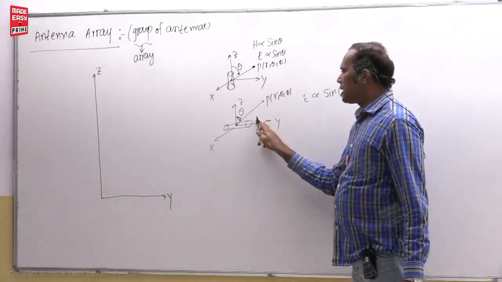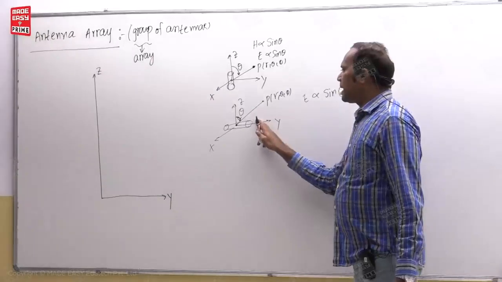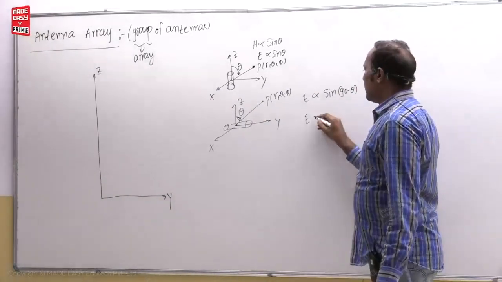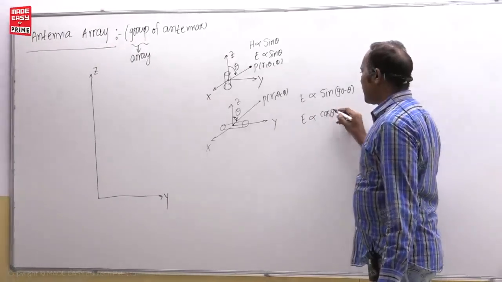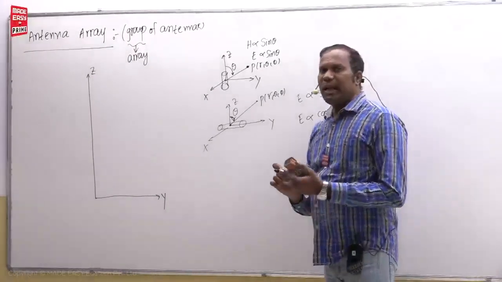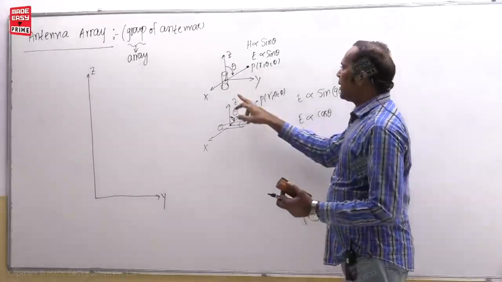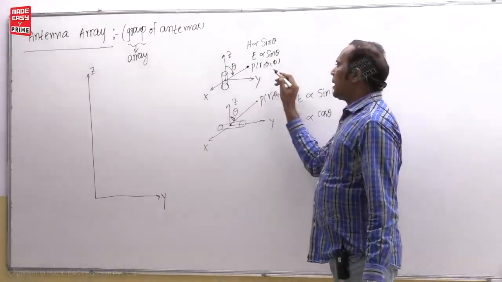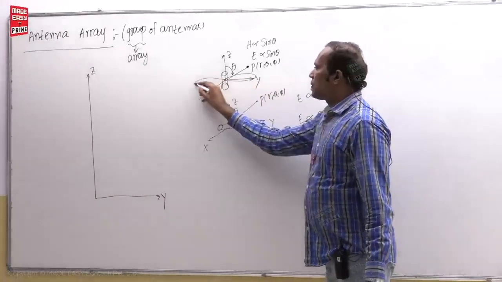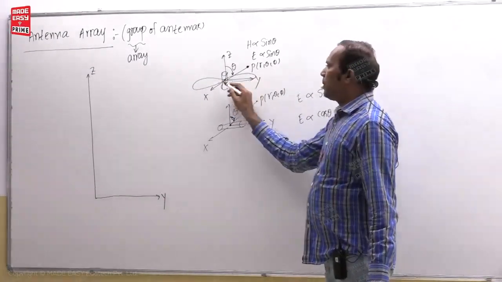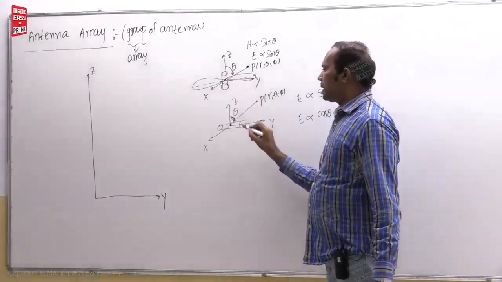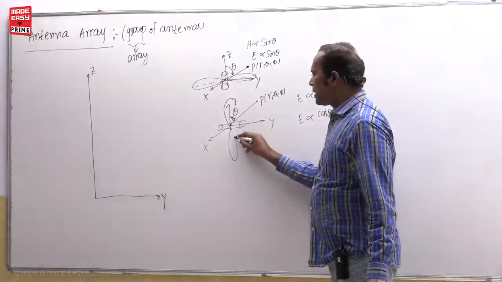That angle becomes 90 minus theta, so if you substitute 90 minus theta, the electric field is proportional to cos theta. The conclusion is that if the antenna rod is like that, the electric field is proportional to sine theta and the pattern is a figure of 8 with maximum value perpendicular to the antenna rod length. Here the field pattern will be like this, dear students.